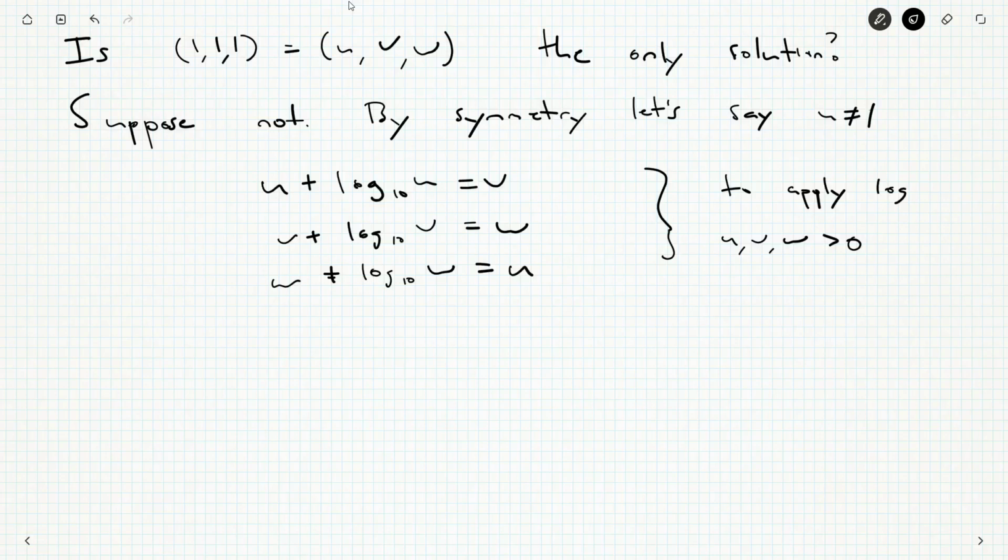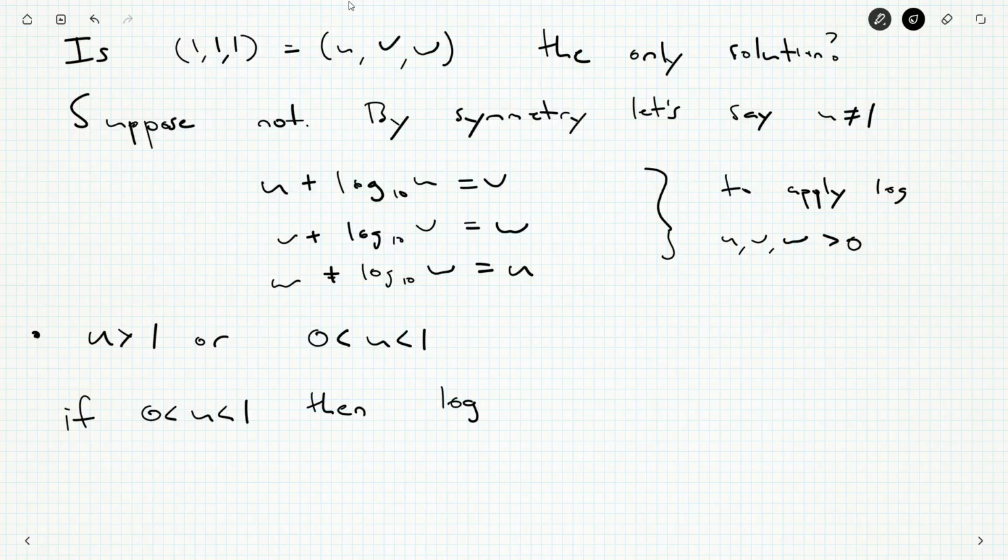If u isn't 1, u's got to be greater than 0. So u is either greater than 1 or u is between 0 and 1. Okay? And if it's between 0 and 1, then log base 10 of u is negative.